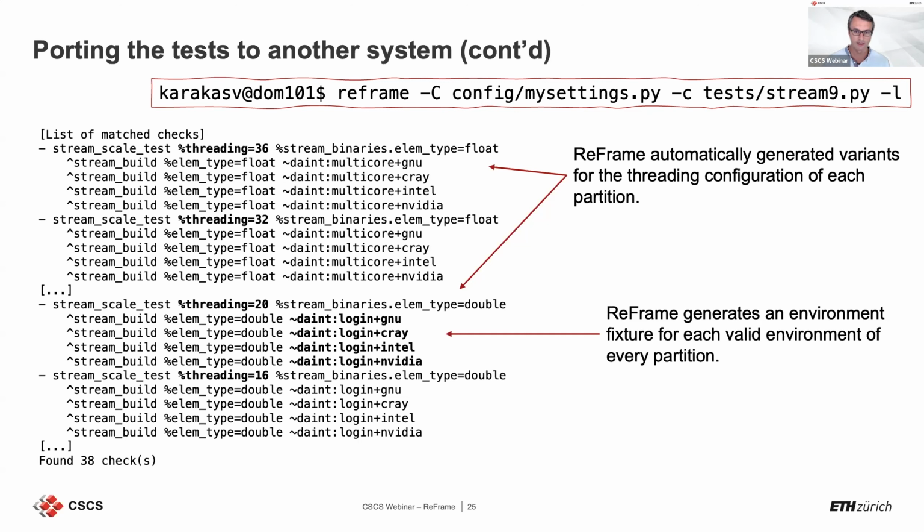And that's automatically generated. And also you see that it generated different versions of the build fixture for each of the programming environment. And that's because we say that the fixture has an environment scope. So it will compile the fixture for each environment. And we haven't touched anything here.